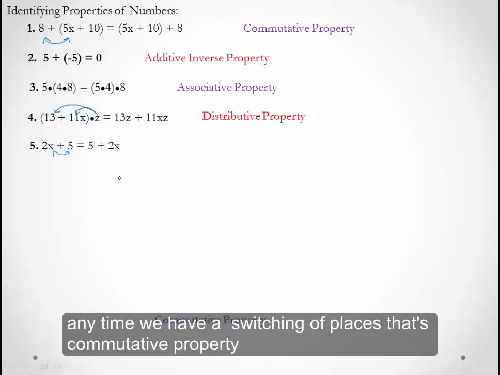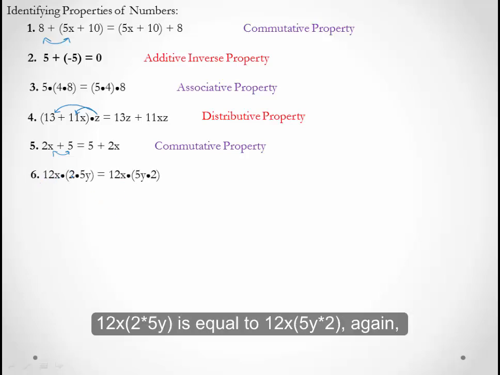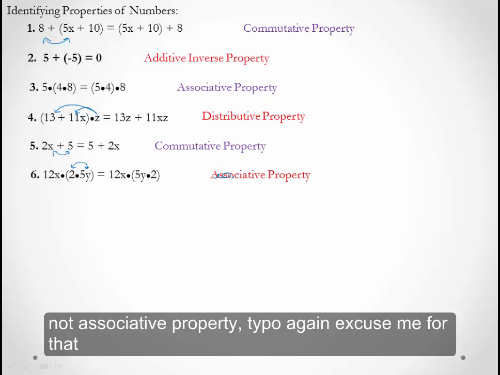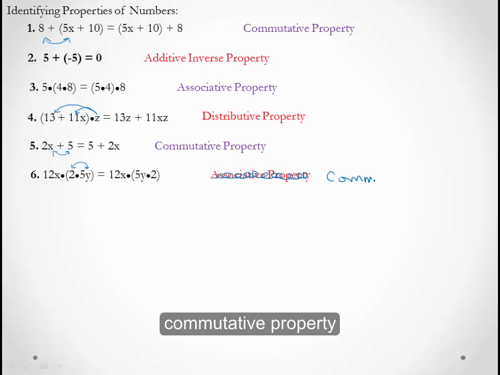Anytime we have a switching of places, that's commutative property. 12x times 2 times 5y is equal to 12x times 5y times 2. Again, we switched places, and that gives us not associative property. Typo again, excuse me for that. Commutative property.